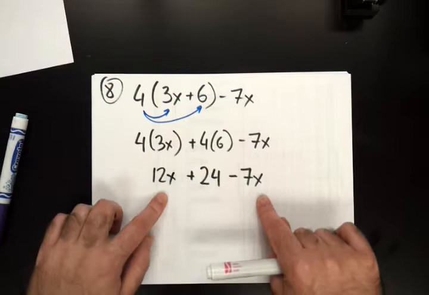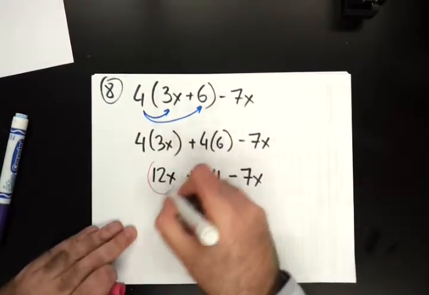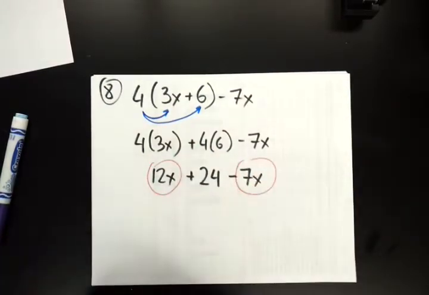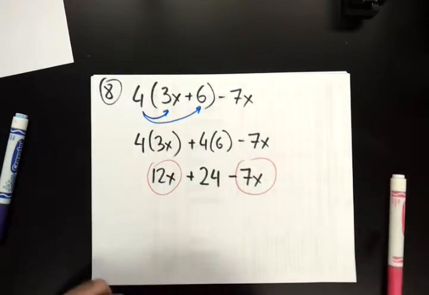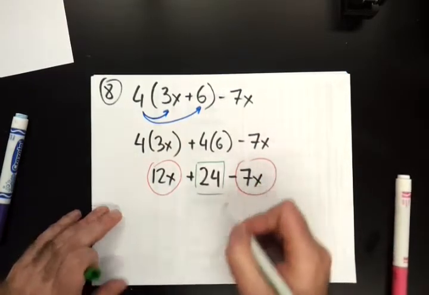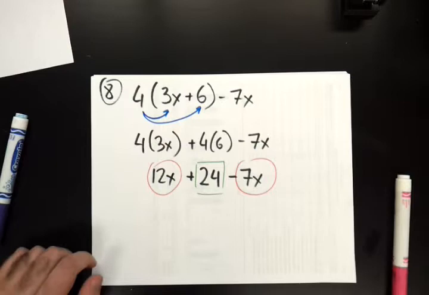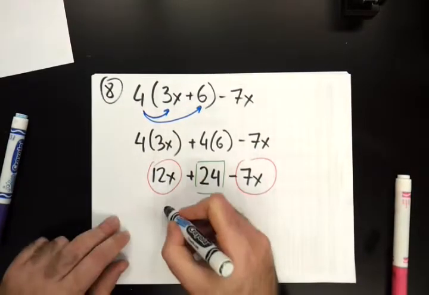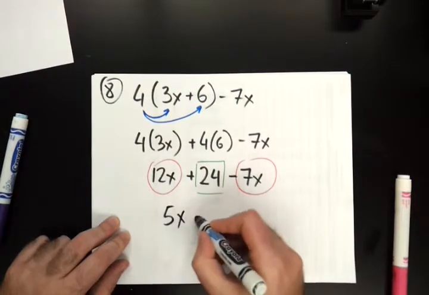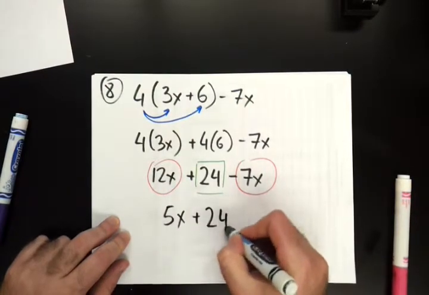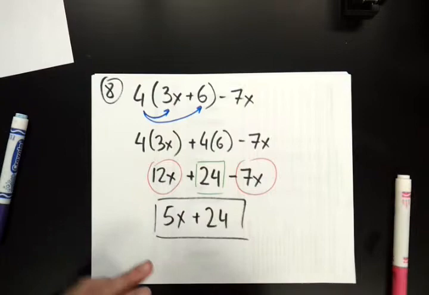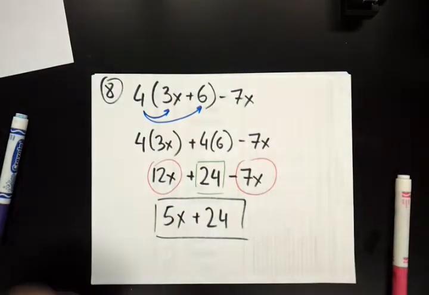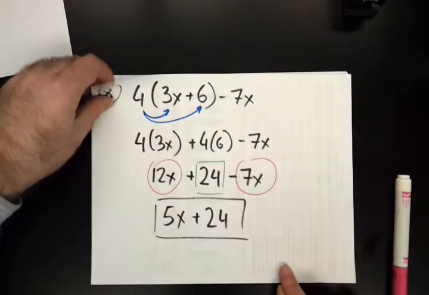I have a pair of x terms and a constant. X's go together, and the constant goes by itself. It's going to be all alone. So sad. 12x minus 7x, 5x plus 24 is your complete and final answer for number 8. Moving on to number 9.